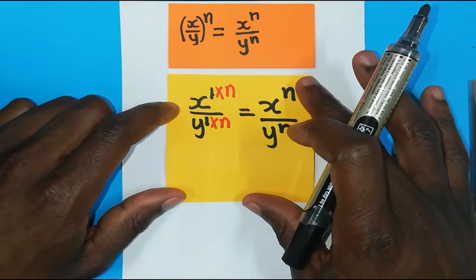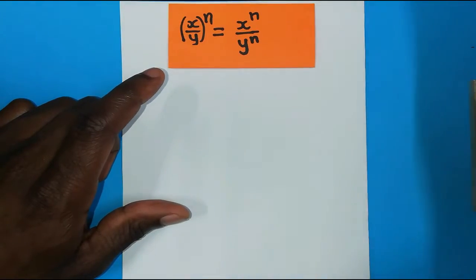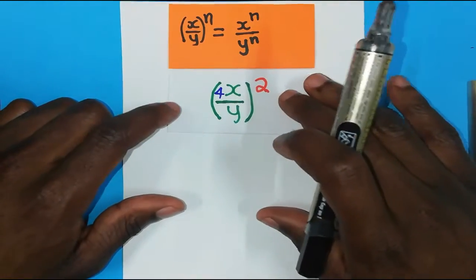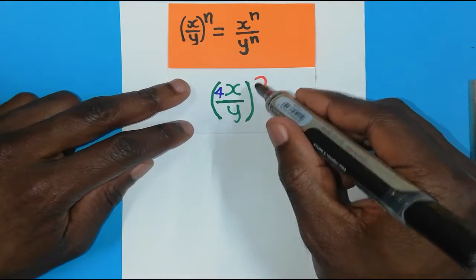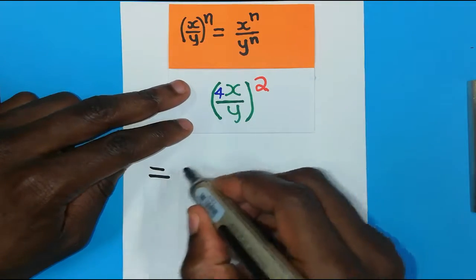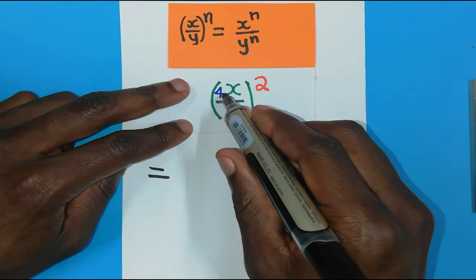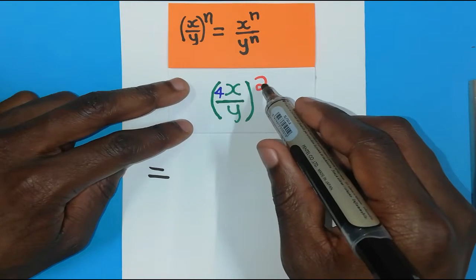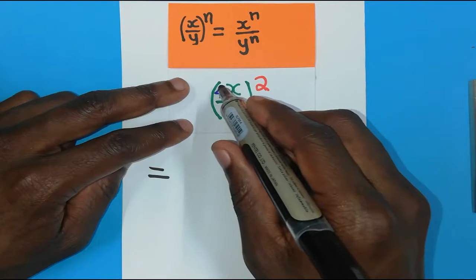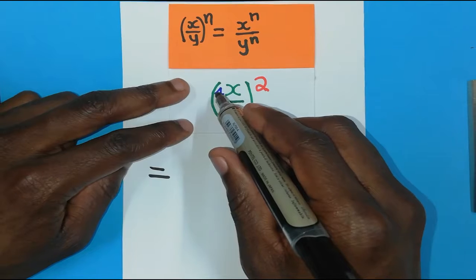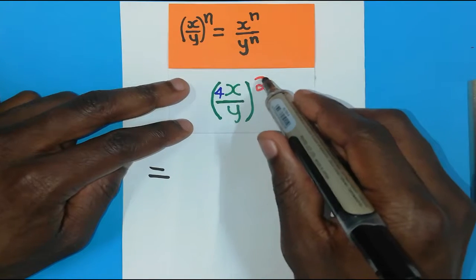So let's use an example to explain it further. I'm going to use this example. Now what are we going to do here? We are going to write the first part. In the numerator we have 4x. So we multiply the exponents of this 4 and x with that exponent 2.